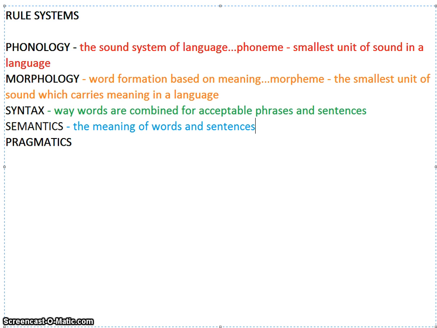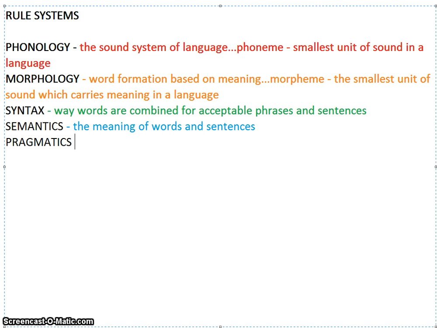For example, you can't say "the ball draws beautifully" because balls can't draw. That would be inappropriate semantics. So does it make sense? Are the words, is the meaning correct? Are the sentences correct for meaning? Semantics. Are they in the right order? Syntax. Specific sounds, morphology and phonology.